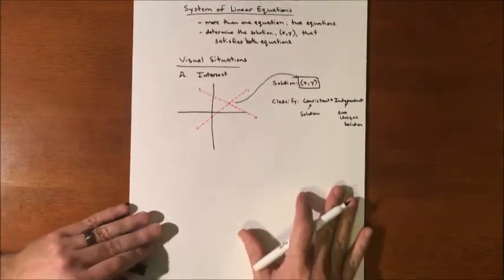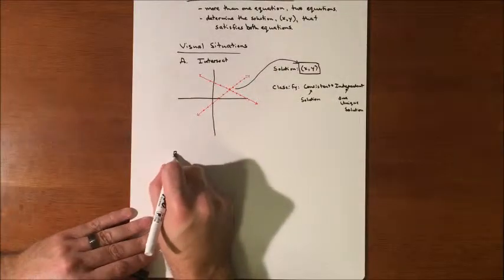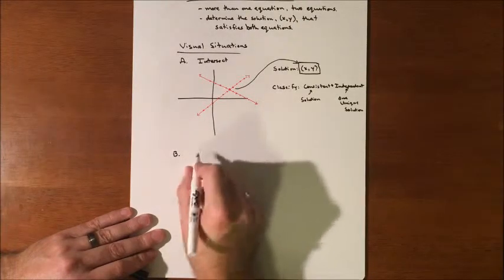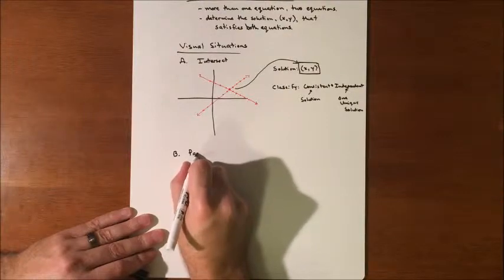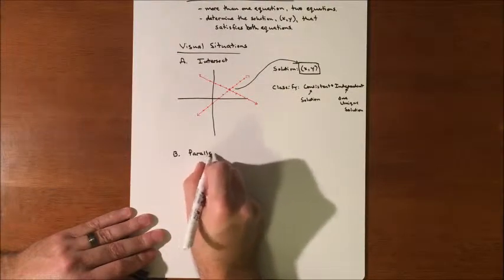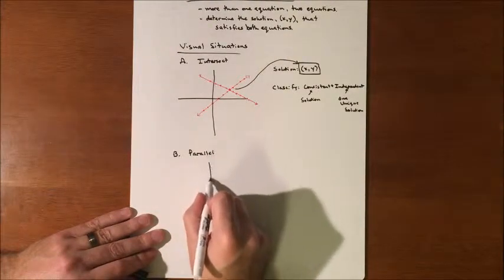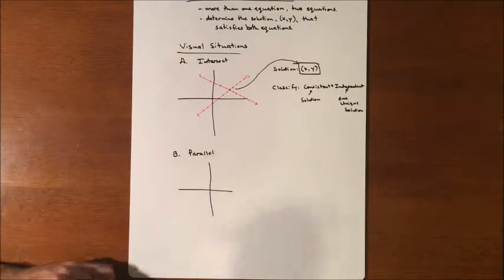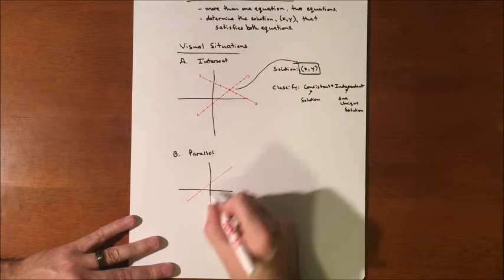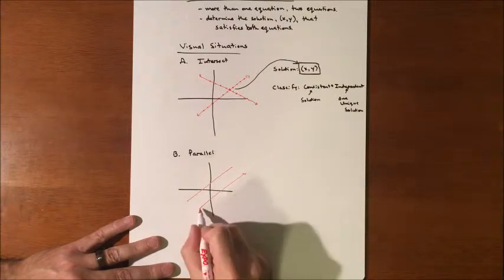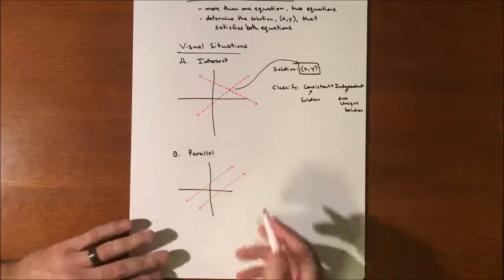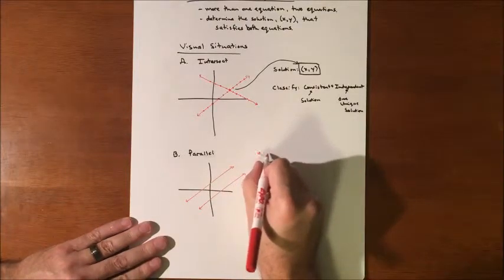A second situation is, what else can happen when you graph two lines? They can be parallel. Okay, so here's our visual for parallel. Now before we get into talking about what our solution is, I have a little side note about parallel.